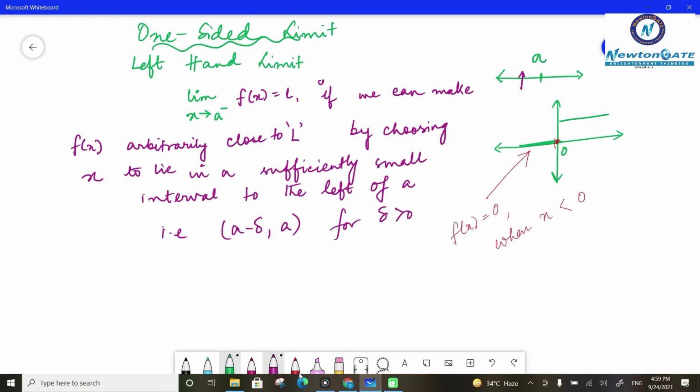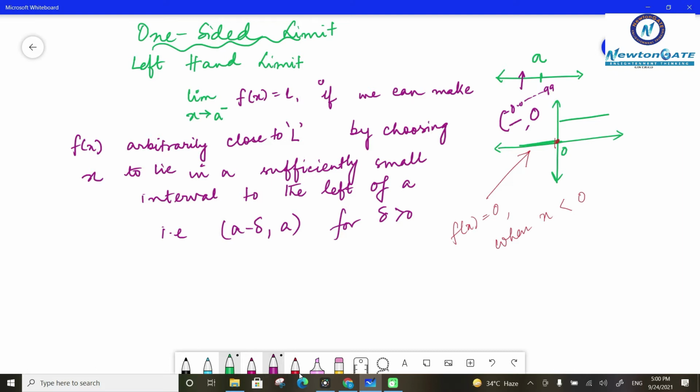Now what is this delta? This delta represents a very small value that we are taking. Between 0 and maybe minus 0.000001, like this, minus 0.000099.